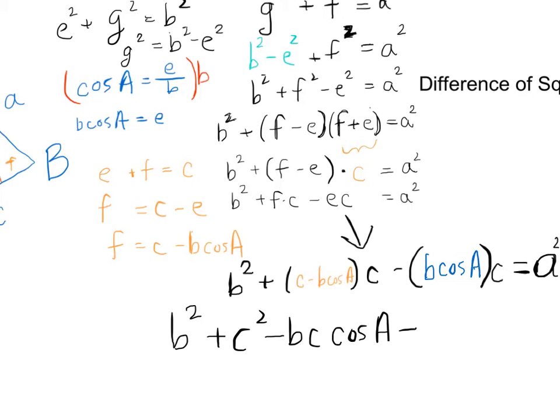Minus, distribute one more time. And when I say distribute, I'm saying distribute this c into what you see here. bc cosine a. That looks horrendous. Let me clean that up. bc times cosine a. And this all equals a squared.